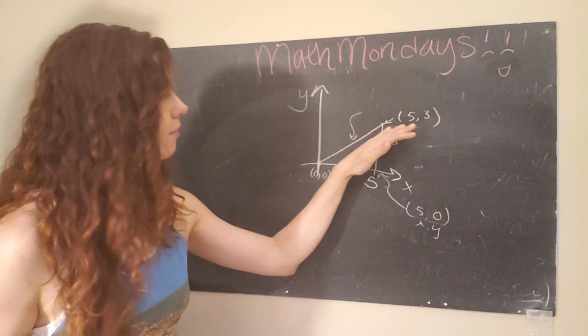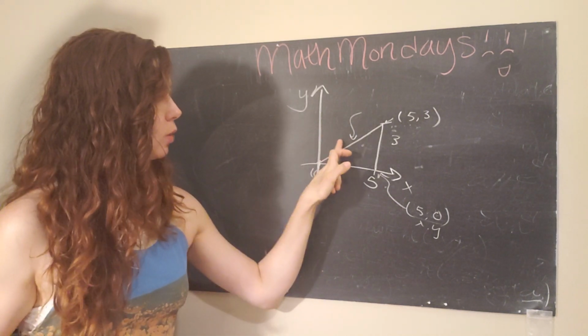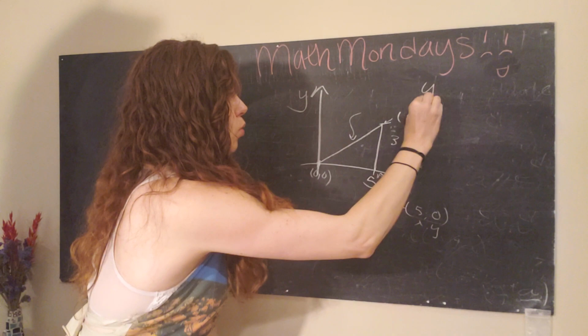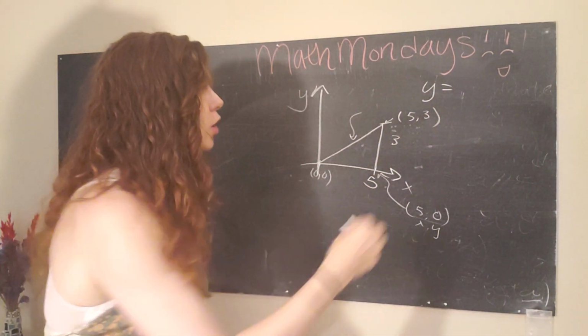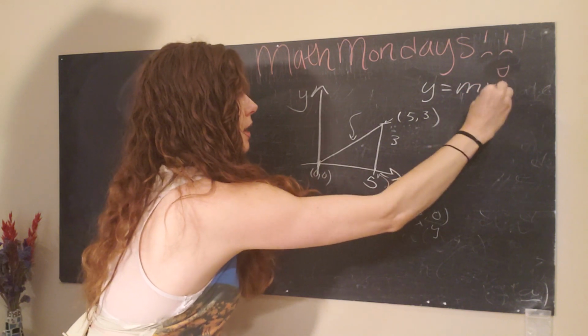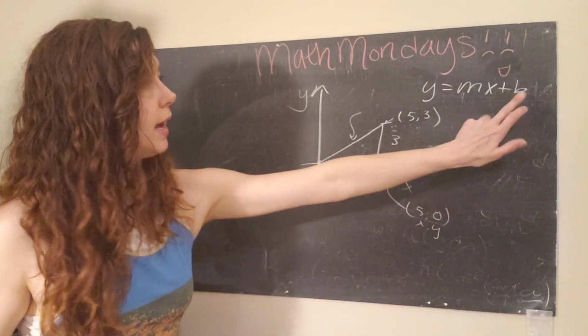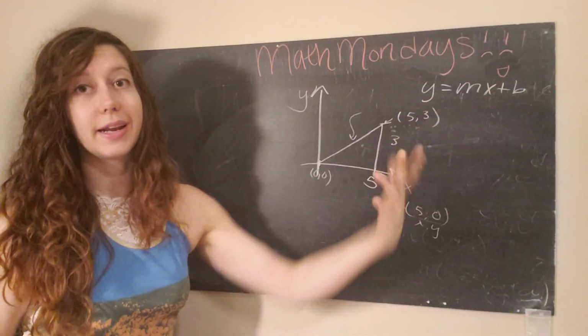So for a moment, let's ignore the fact that we have a triangle. If we just look at this line, then we know that y, the generic equation of a line, is mx plus b, where m is our slope and b is the point on the y-axis that our line intercepts.